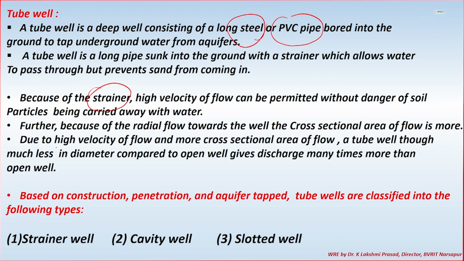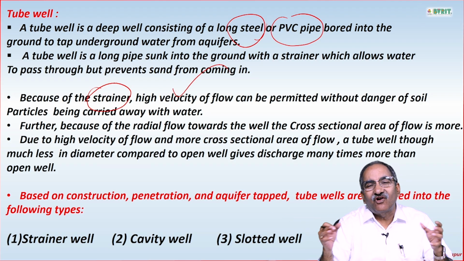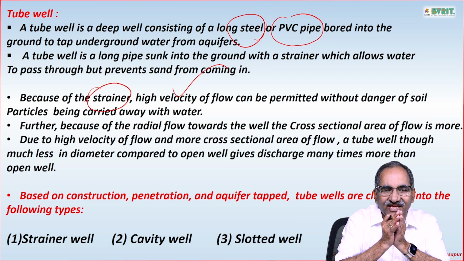Because of the strainer, high velocity can be achieved in the case of the tube well, whereas in the open well such a facility is not there. The purpose of the strainer is also this: you can keep a straight opening, but the problem is that in addition to the water, the soil will also enter the pipe.